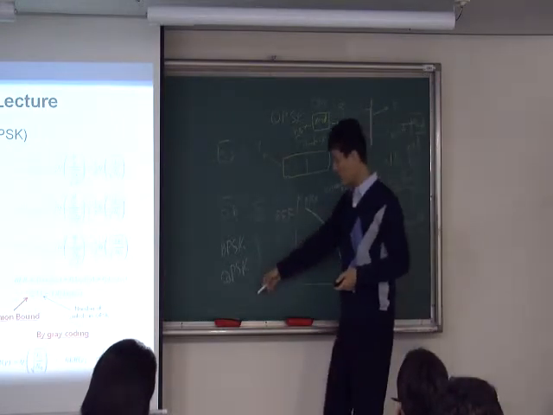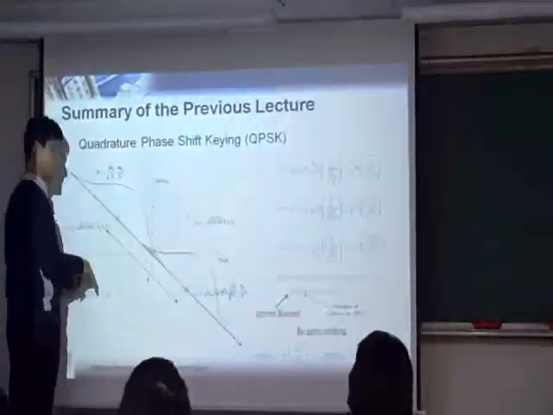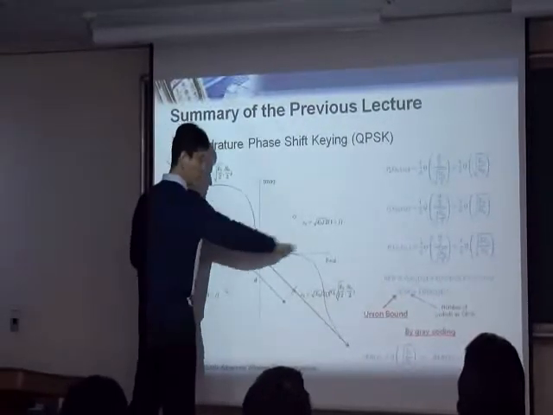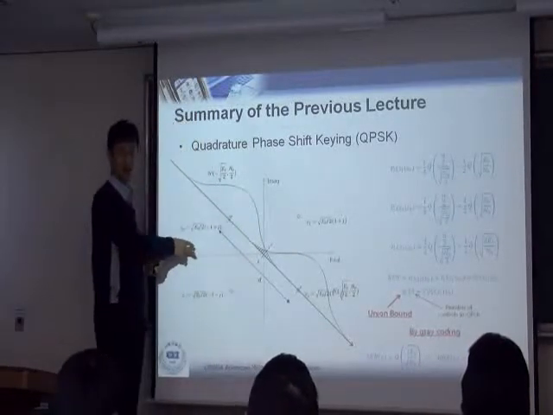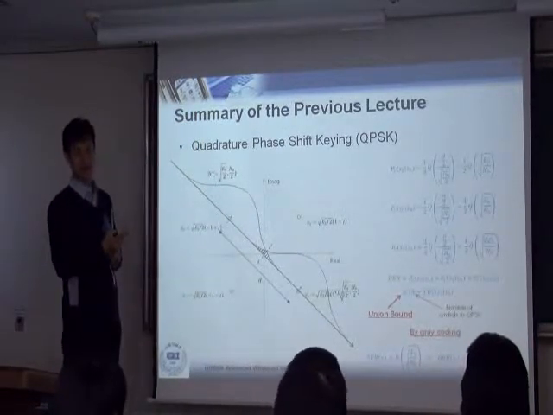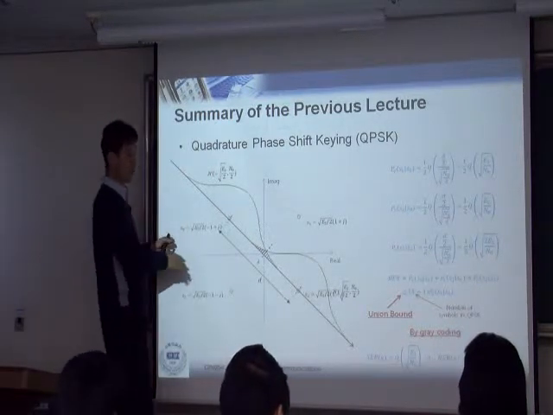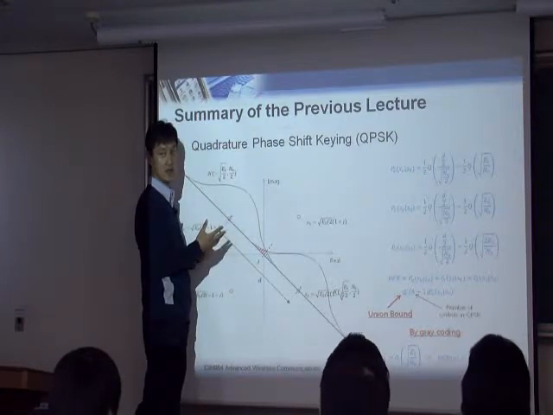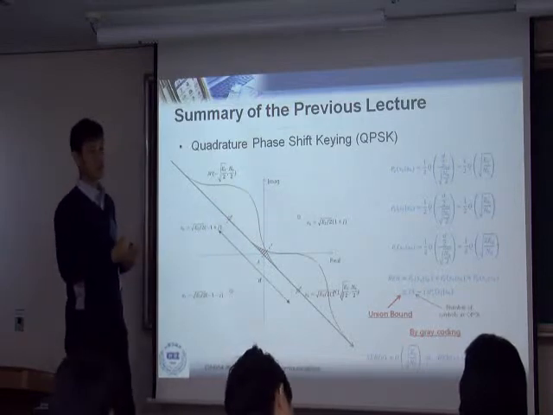But look at the QPSK. In fact, this QPSK is exactly the same as two BPSK. One BPSK on this axis, the other BPSK on the y-axis. How do you implement the QPSK? On one axis, one BPSK, you modulate with the cosine. The other BPSK, you modulate with the sine.